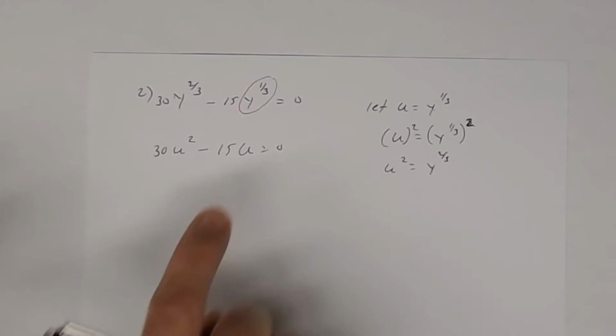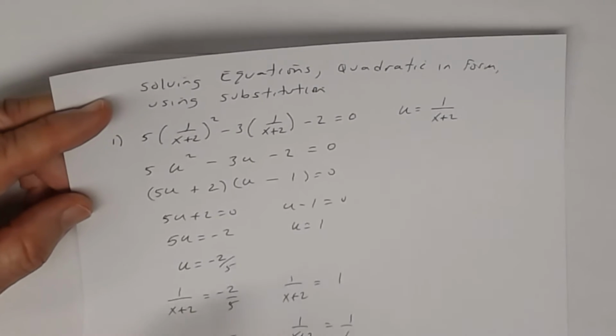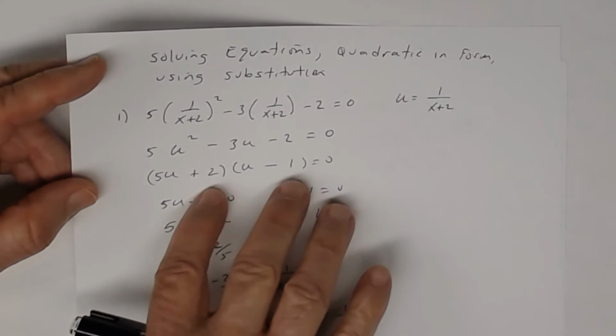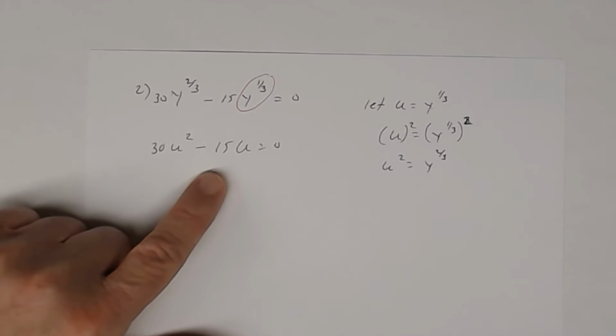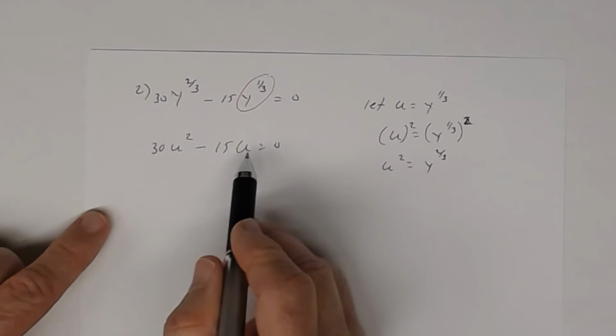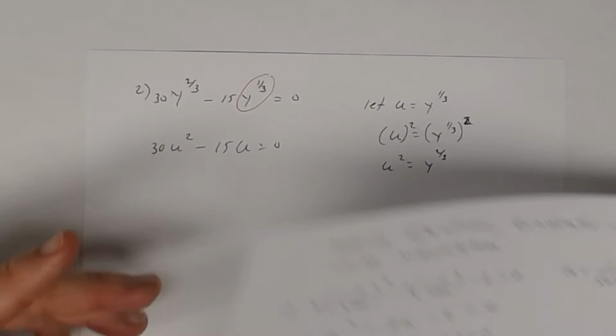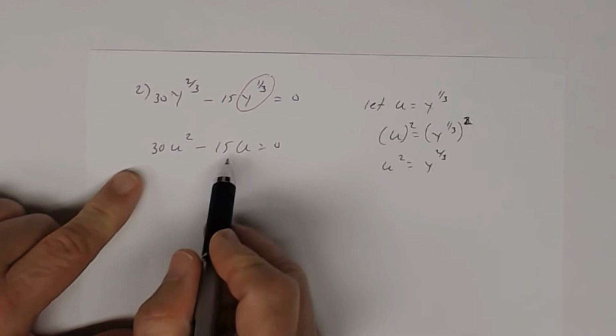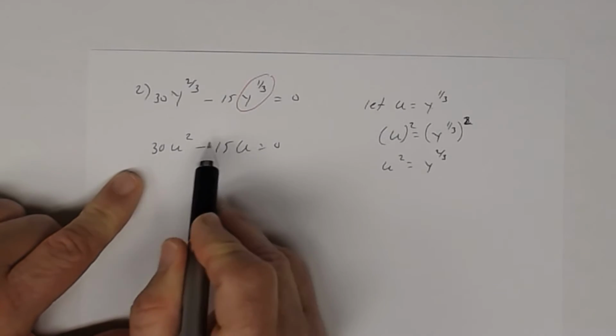Now to solve this quadratic equation, remember in the previous one, we went ahead and factored into two binomials. Here though, remember what you want to do is look for a GCF. In the previous case the GCF was 1, but here, it's not. The GCF here is 15u.